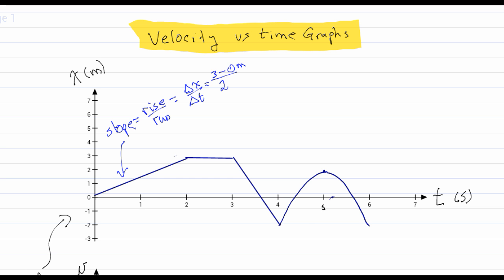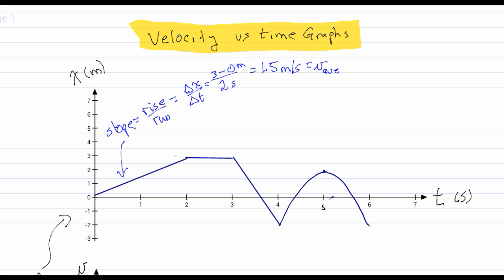This is in meters and seconds, so we get 1.5 meters per second. So that's the slope of this line right here.